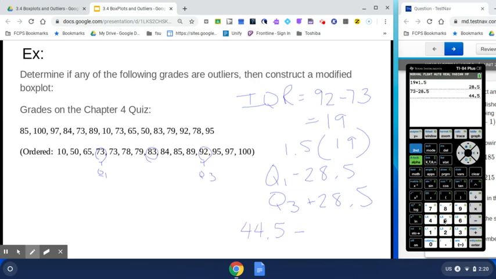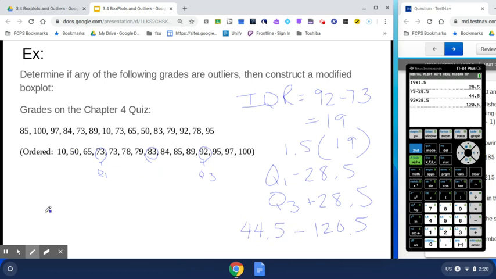And if I take Q3, which was 92, and then add the 28.5 to it, I get 120.5. Now I'm going to scan the data points and see if there's anything outside of that range. So is there anything lower than 44.5?